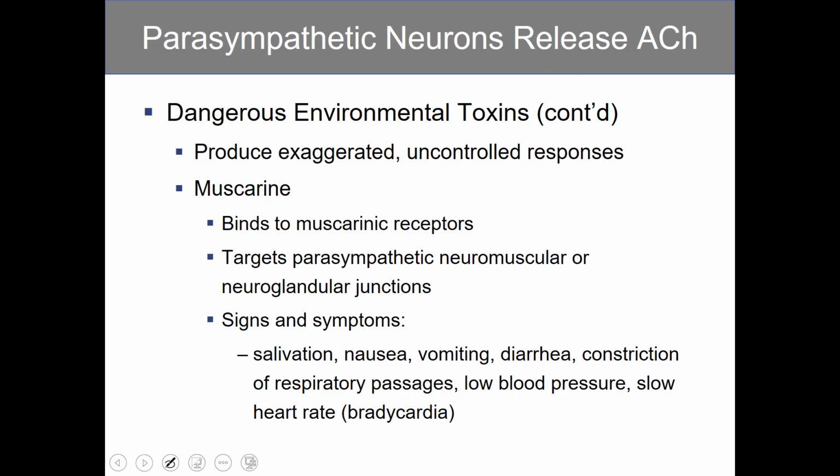Whether they're making tea out of these mushrooms or just eating them, they can end up with a large amount of muscarine, which could bind to these muscarinic receptors and cause premature sympathetic and parasympathetic activation. So salivation, nausea, vomiting, diarrhea, constriction of respiratory passageways, low blood pressure, as well as low heart rate, which is bradycardia, can all be caused by muscarine poisoning.